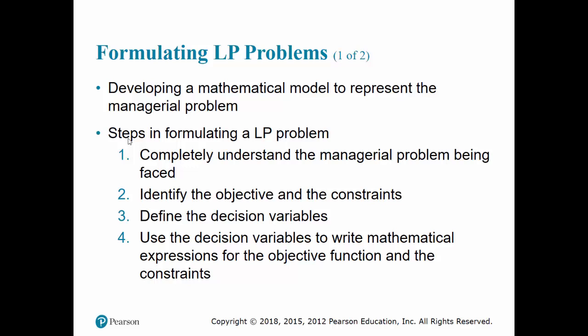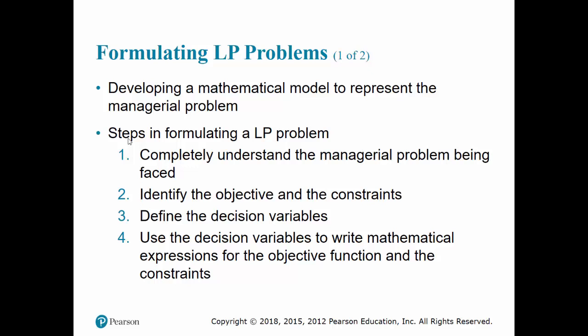Steps 3 and 4 are the nuts and bolts of setting up the model: defining decision variables, and then using those variables to set up the objective function and the constraints in a model format.